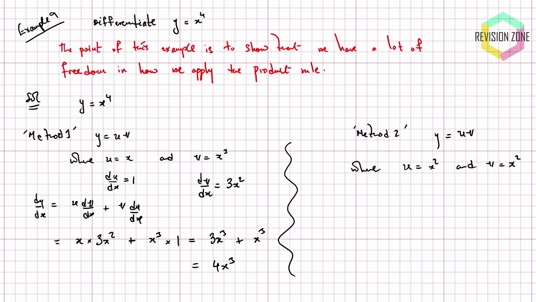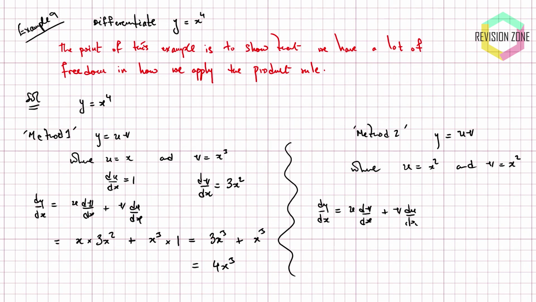Let's now do method 2. Again, same sort of idea, but I have a different u and a different v. So I'm going to write down the formula for the product rule. The product rule says that dy by dx in this case is again going to be u dv by dx plus v du by dx.